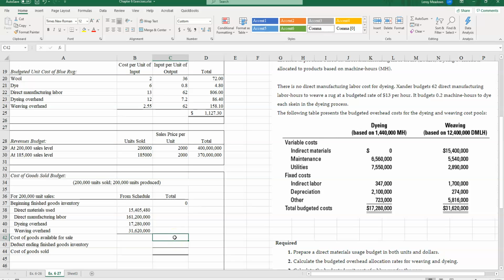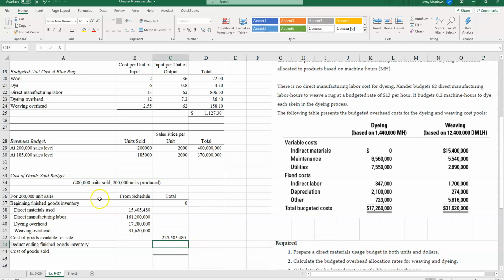So how much total is my cost of goods available for sale? Well, I'm going to just equal the sum of this, and my cost of goods available for sale is $225,505,480.